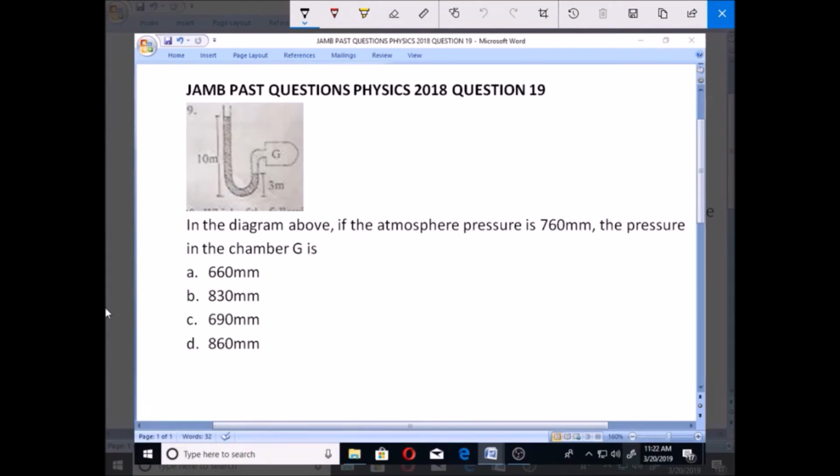There is this general formula that whenever we have a tube of this kind with a chamber, the right way to do our calculation is that the pressure that this distance is making plus this distance will give us the pressure that this other distance is making plus the distance.